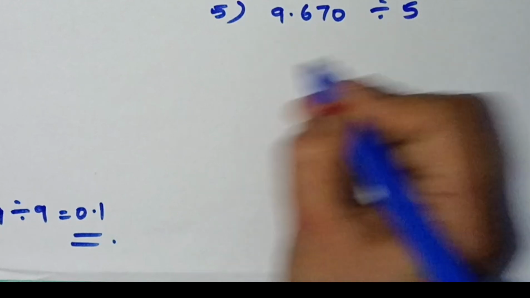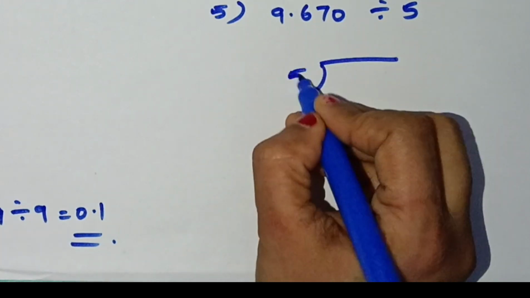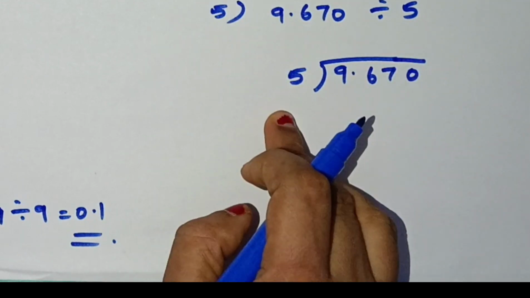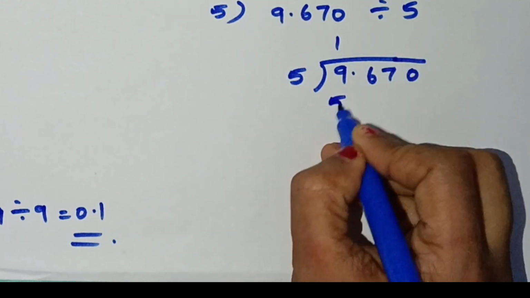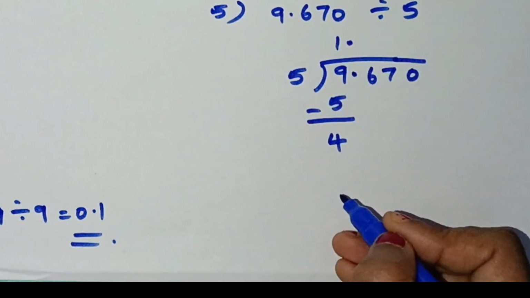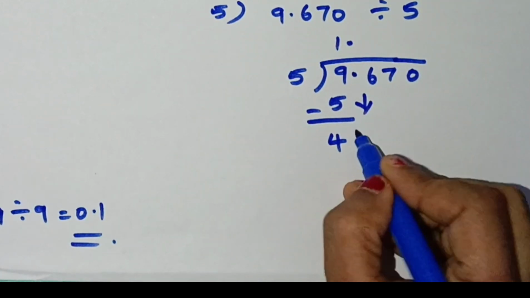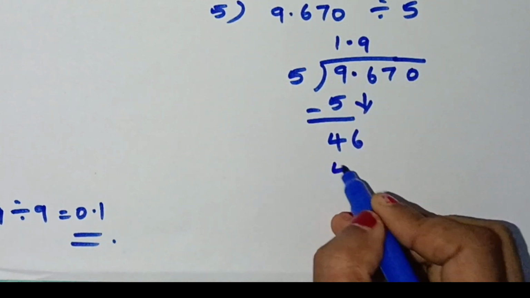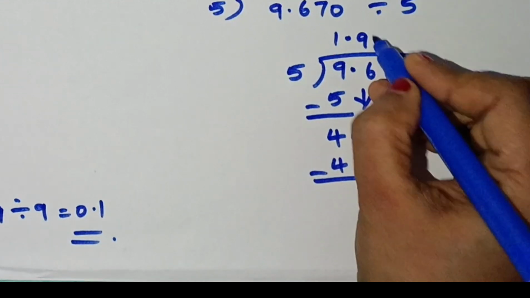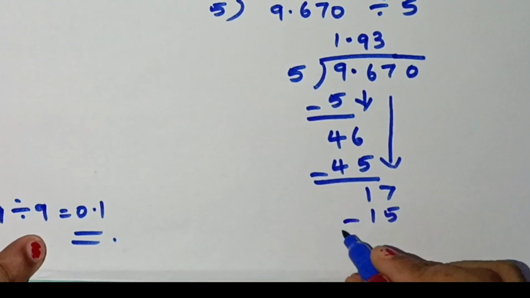9.670 divided by 5. So just see how to write. 5 is the divisor, 9.67. So everyone knows 5 table. 5 ones are 5. 9 minus 5 is 4. You have decimal point. Put decimal point in the quotient. 6. 5 nines are 45. 1. Bring this 7 down. 5 threes are 15. So 2.